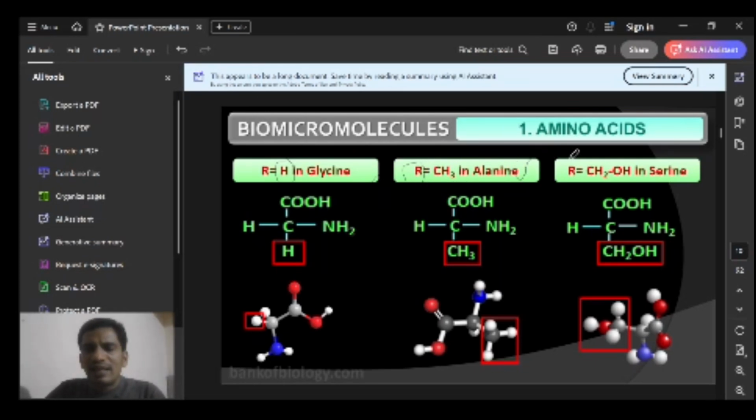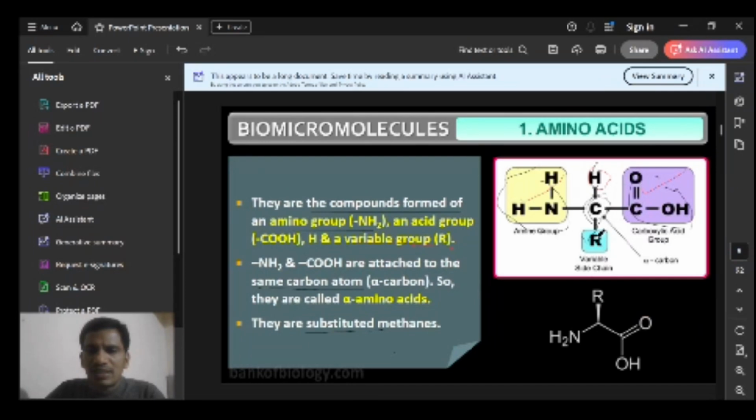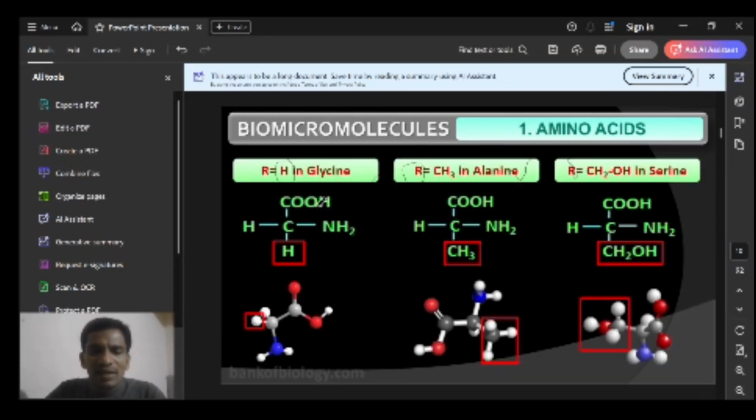See the structures: CH2OH is serine, CH3 is alanine, and glycine is hydrogen, right?